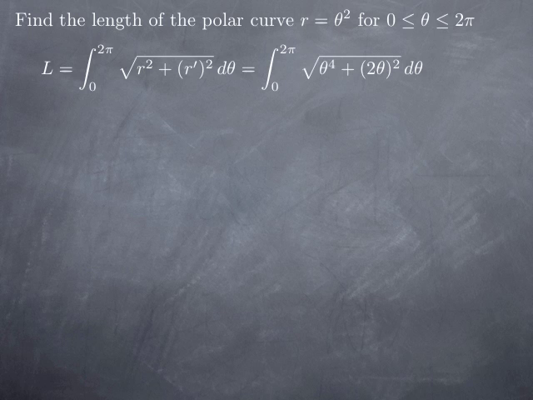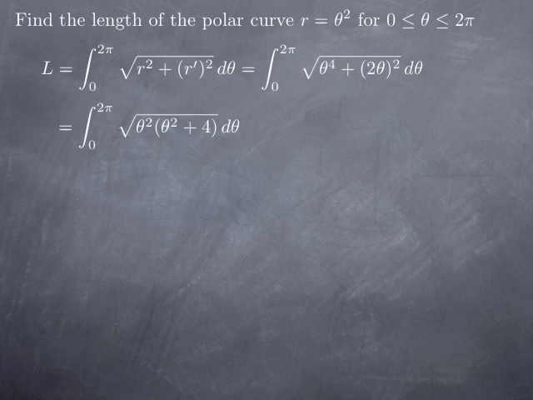2 pi of the square root of the square of r plus the square of r prime. The square of r here is theta to the fourth. r prime is 2 theta, so when I square it, I get 4 theta squared. And in this theta to the fourth plus 4 theta squared, I can factor out theta squared, and I obtain the root of theta squared multiplied by theta squared plus 4.